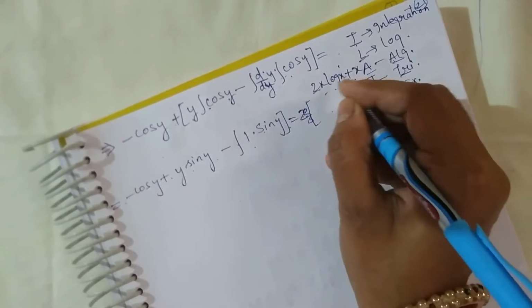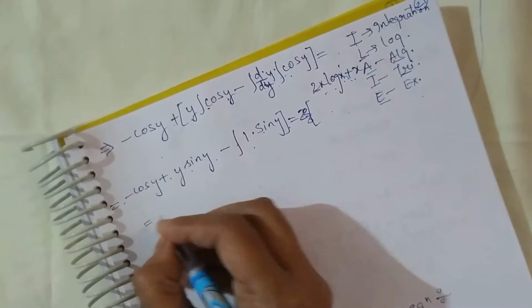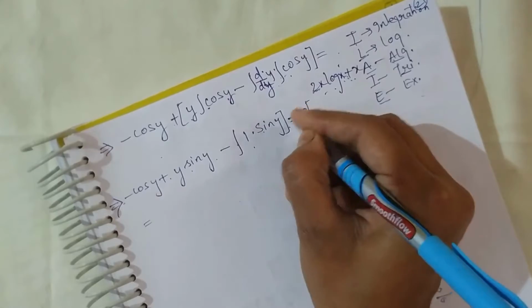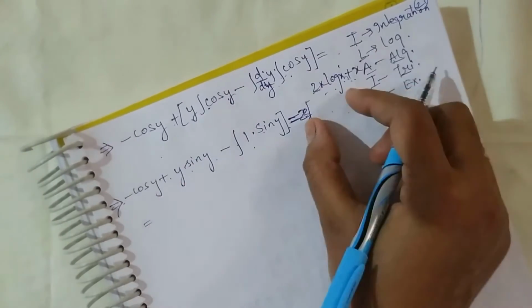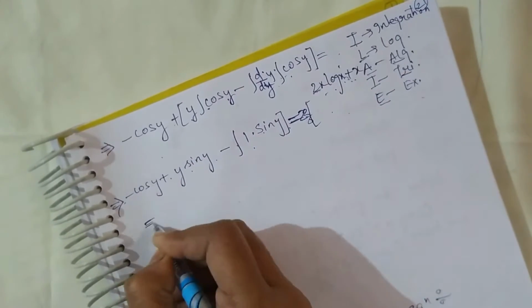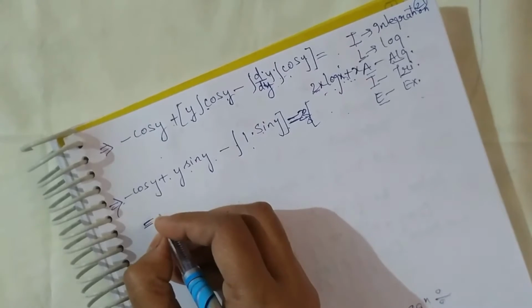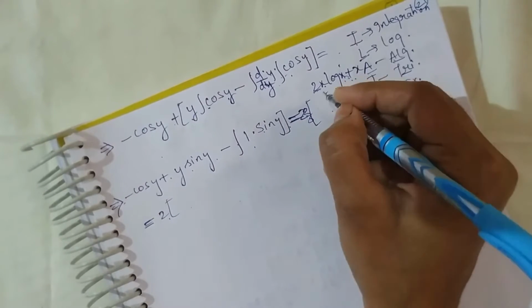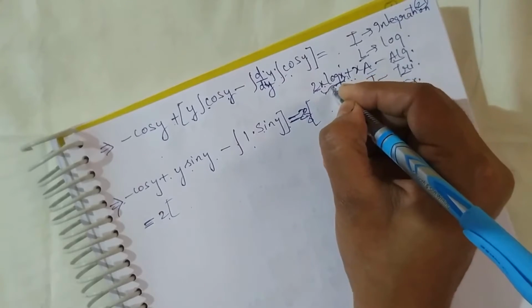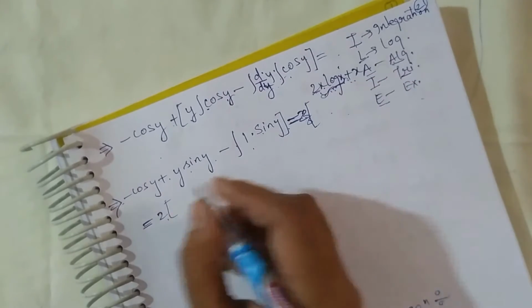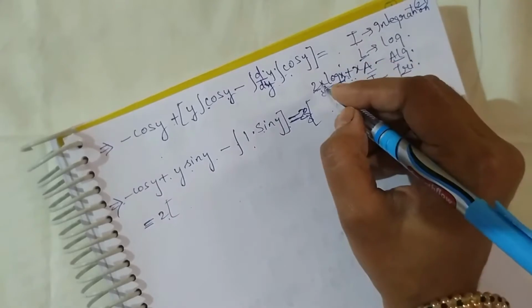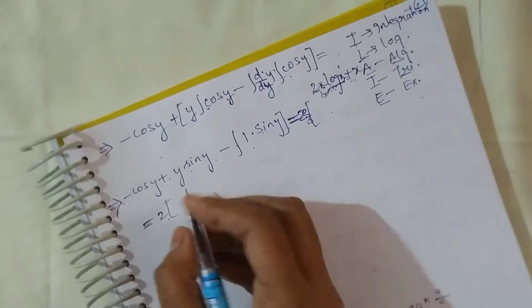On applying integration by parts here, this term is equal to this term; there is no space, that's why I am writing here. 2 times, on applying integration by parts on x log x, we take log as first preference and the algebraic function x as second preference.